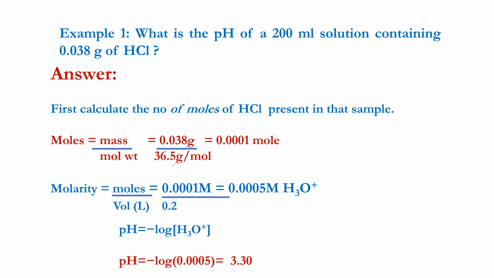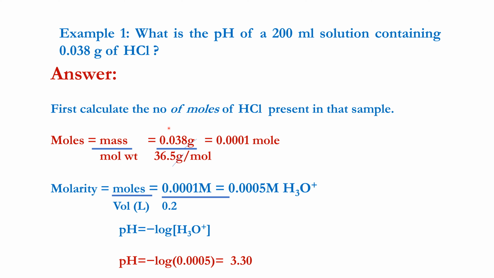What is the pH of a 200 ml solution containing 0.038 gram of HCl? To answer this question, the first thing we need to do is to calculate the number of moles of HCl present in the sample. To do this, we use the formula for moles, which is equal to mass divided by molecular weight.